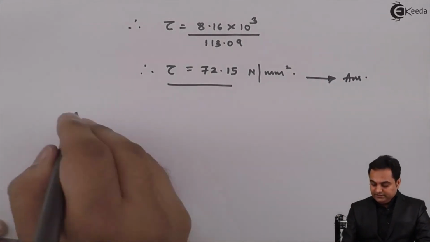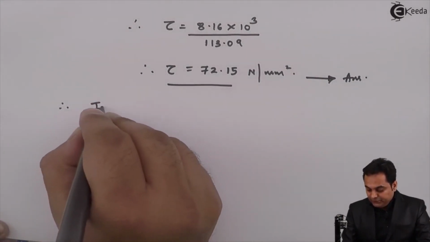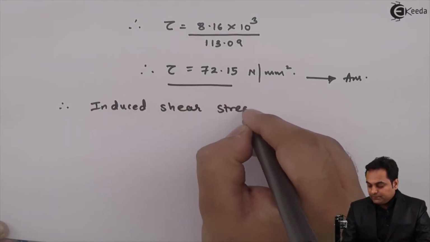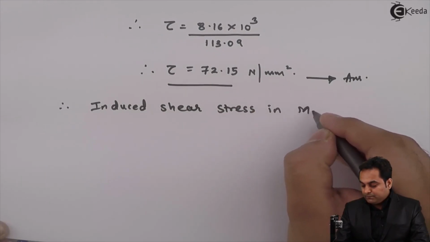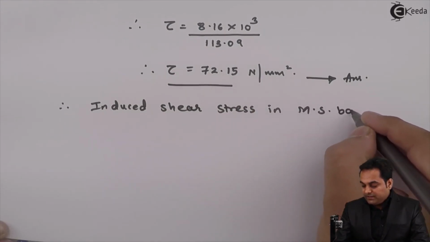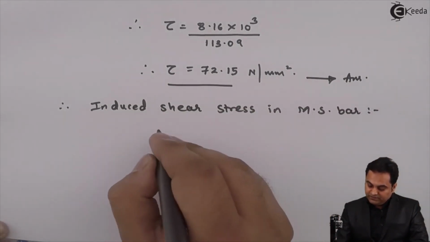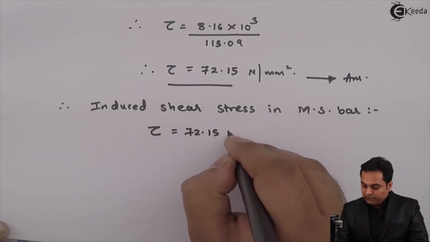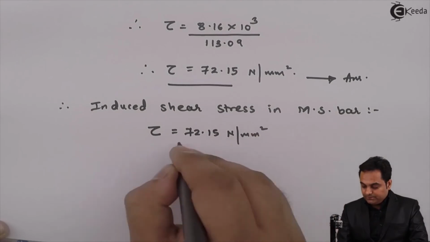So here I can say that therefore induced shear stress in MS bar, that is tau, is equal to 72.15 Newton per mm square.